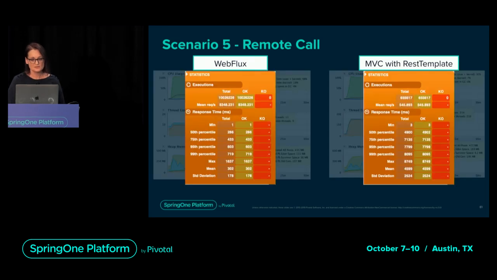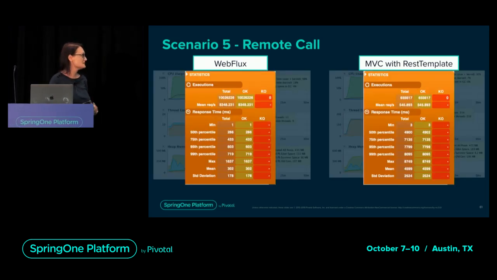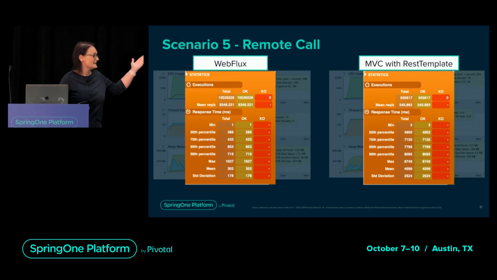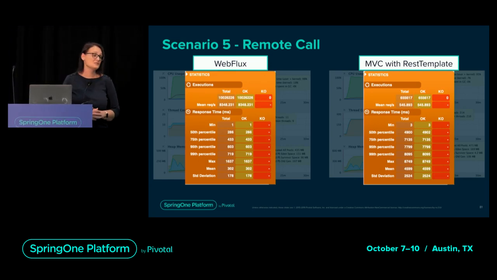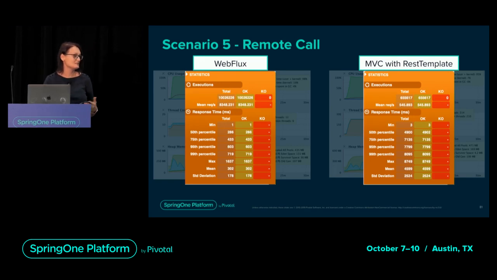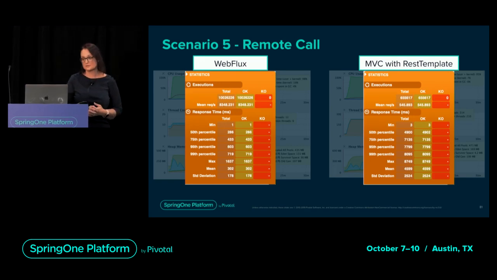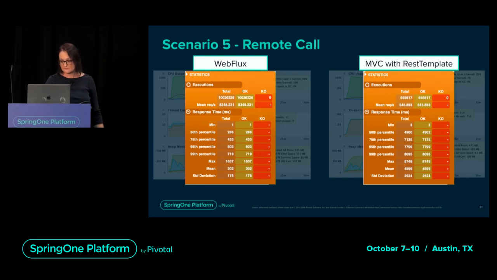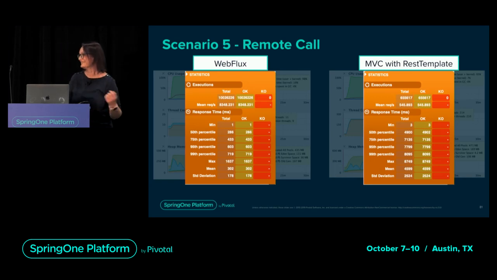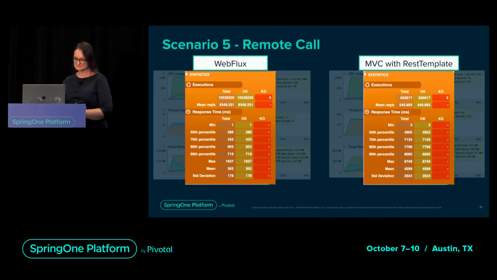But if you look at the request numbers, you can see the difference here. And that's because we use the blocking REST template for our remote calls. Also, take a look at the response times. In MVC, the tail latency is actually 10 times slower.